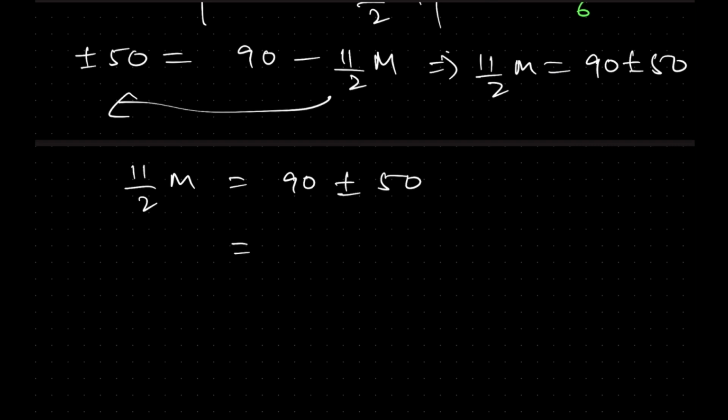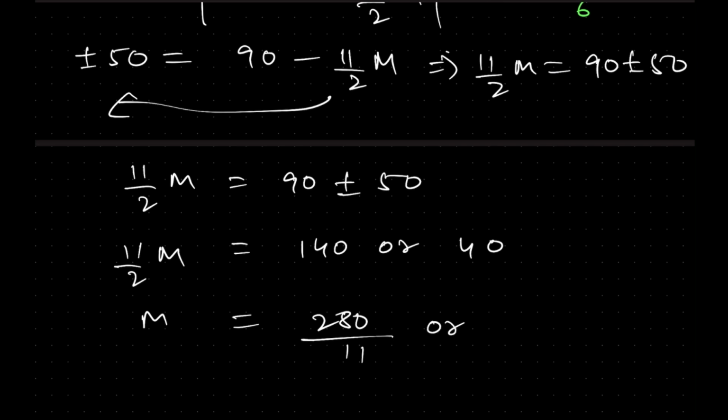So once it will be 140 and once it will be 40. So 11 by 2 m, so m is 280 by 11 or 80 by 11.